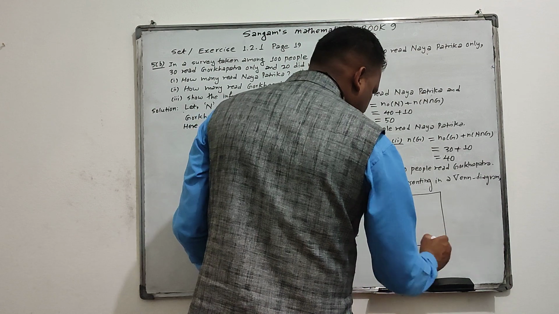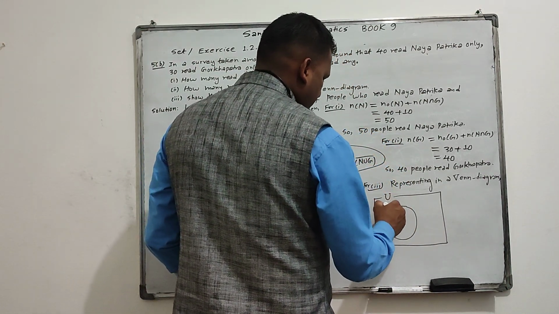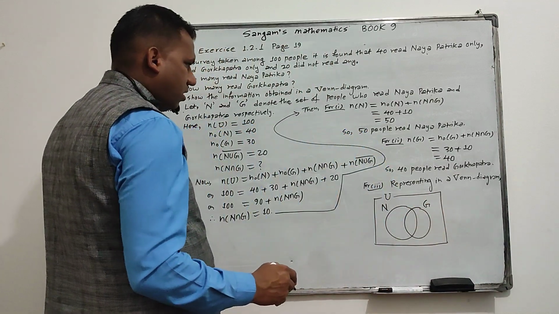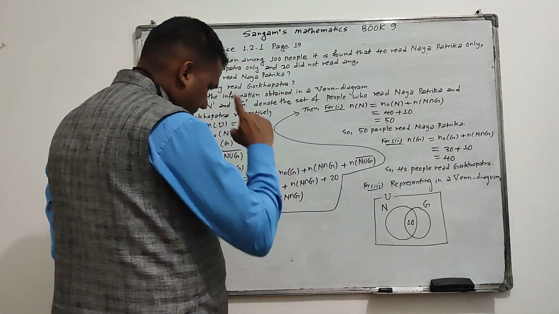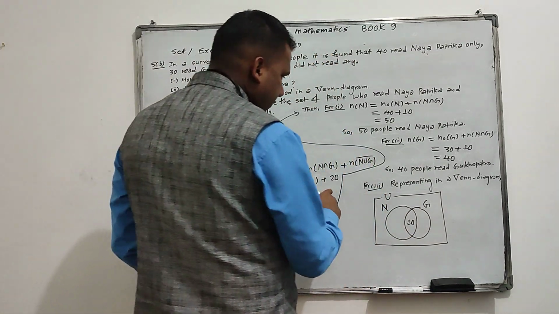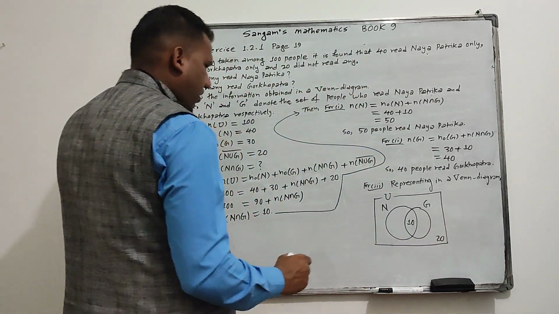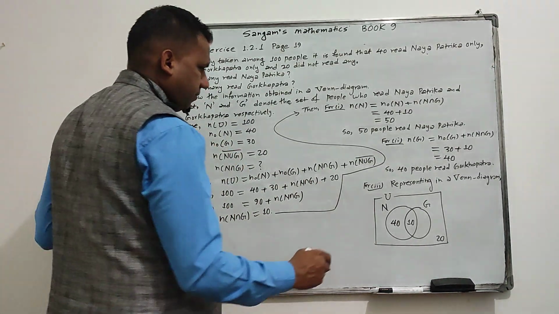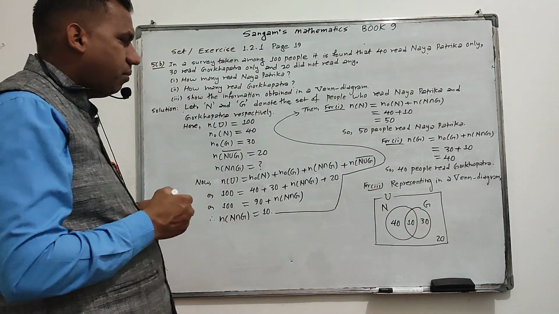Two subsets of U, N and G. The intersection data is 10. The complement data is 20. Here 20. And that N only is 40. And that G only is 30. This is the required Venn diagram.